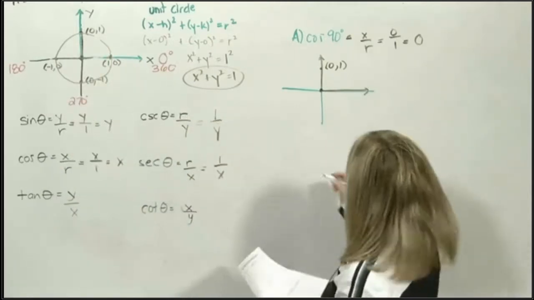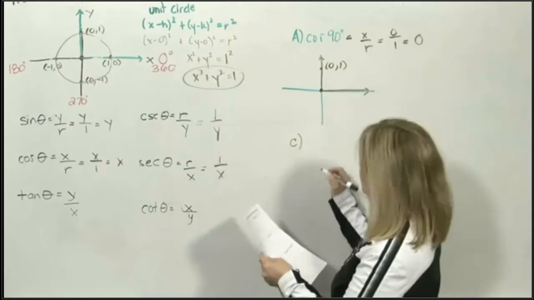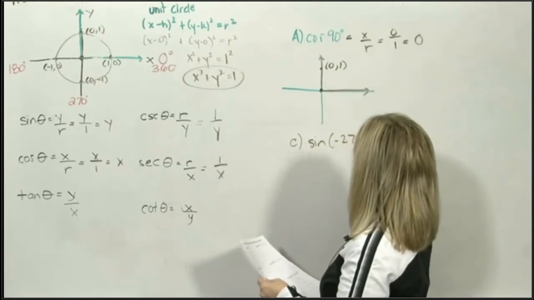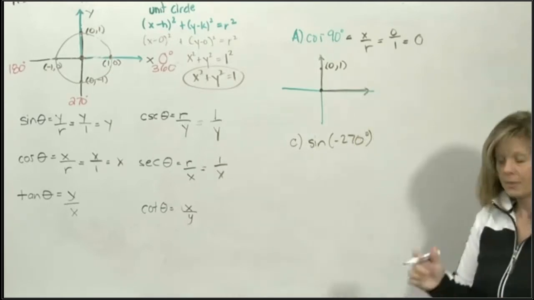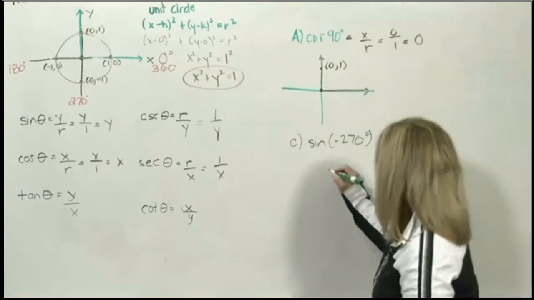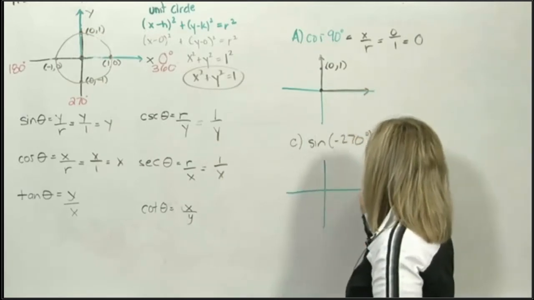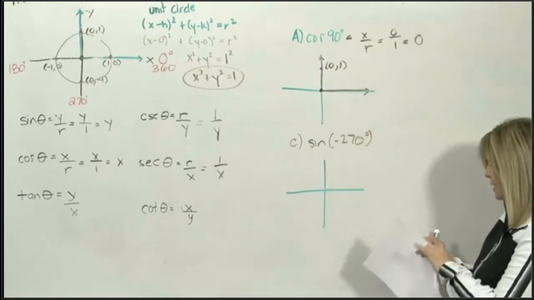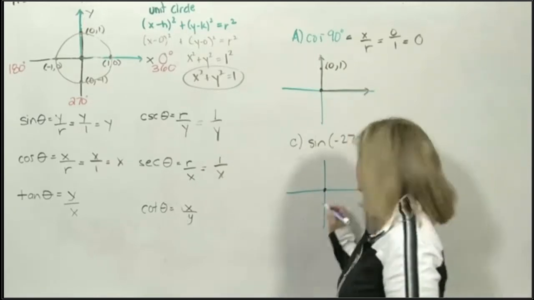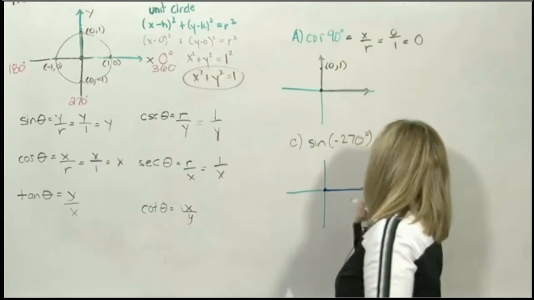Let's do C. C says the sine of negative 270 degrees. All right? So again, I'm going to go slow, piece by piece. The first thing I'm going to do is draw my visual. So there's my xy axis. I'll put my vertex point. I'll put my initial ray.